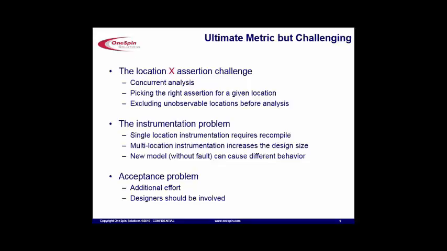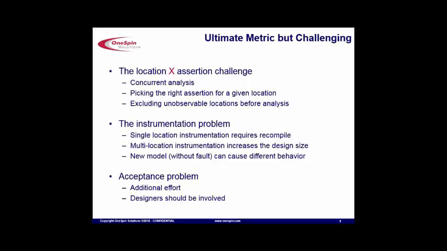There's another challenge here, which is the instrumentation problem. When you create your faulty model, you can create a single location instrumentation. So you change the design, write it out, and prove your assertion against it.